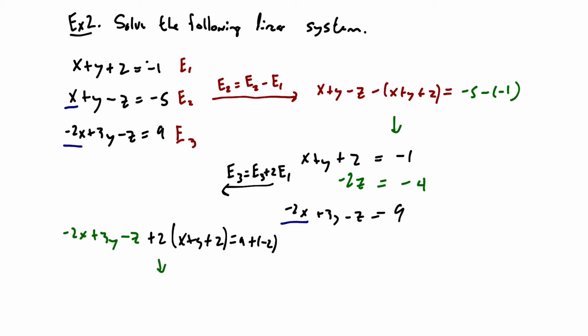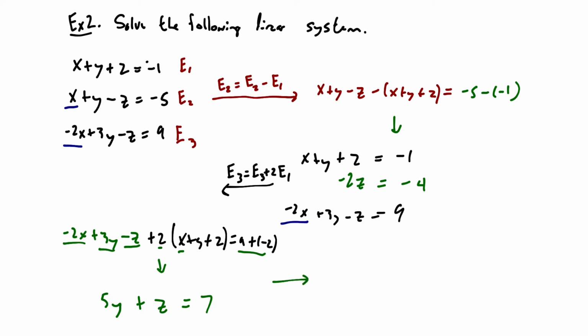Simplifying this, negative 2x plus 2x is 0. Then 3y plus 2y is 5y. Negative z plus 2z gives us a positive z, and this is going to be equal to 7.